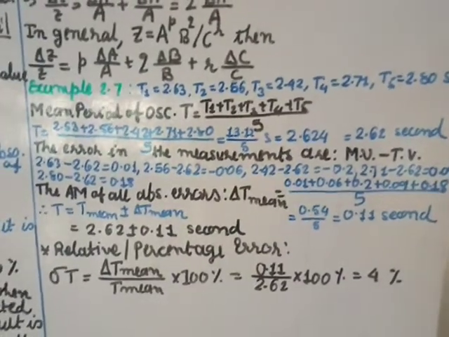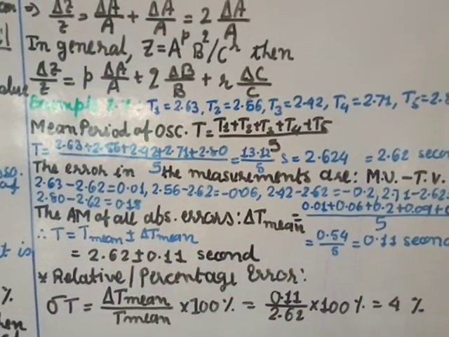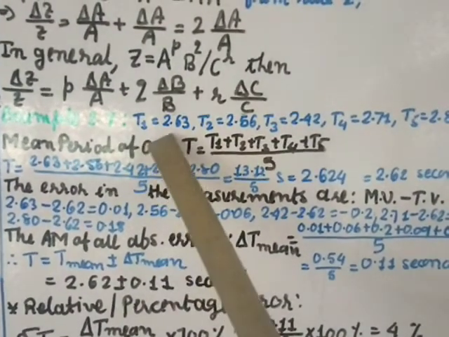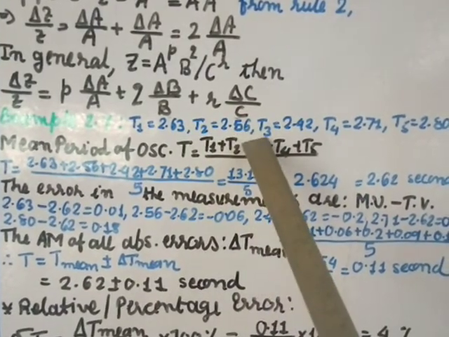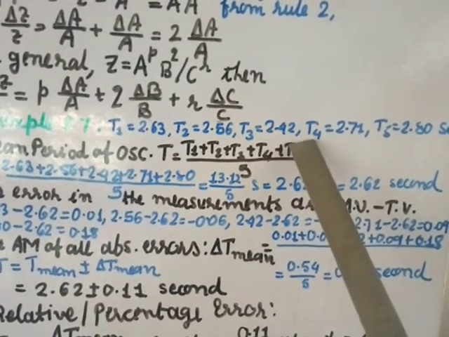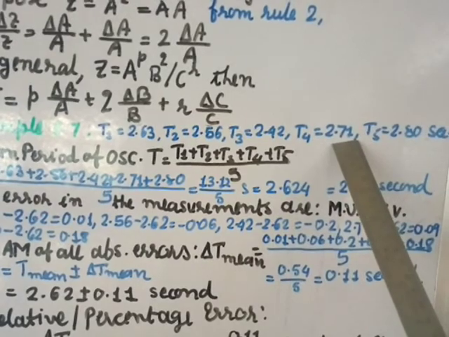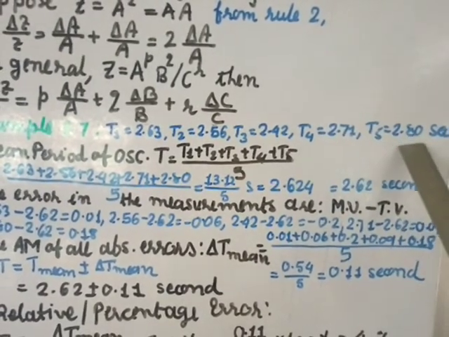Calculate the absolute error, relative error and percentage error. First, let us list out the data. They have given us the time. So I will take T1 as 2.63 second, T2 is 2.56 second, T3 is 2.42 second, T4 is 2.71 second, T5 is 2.80 second.